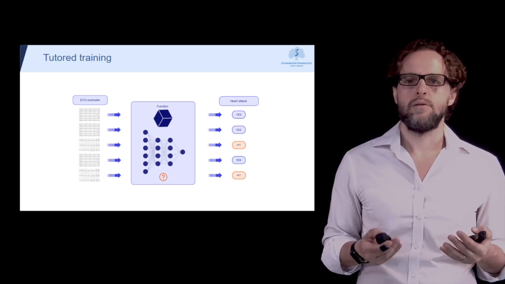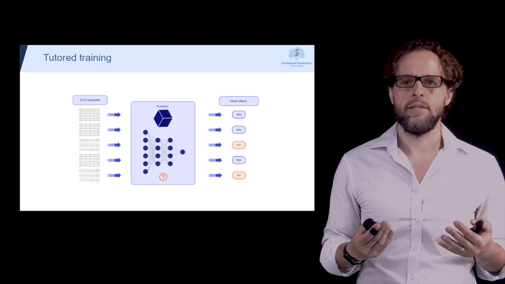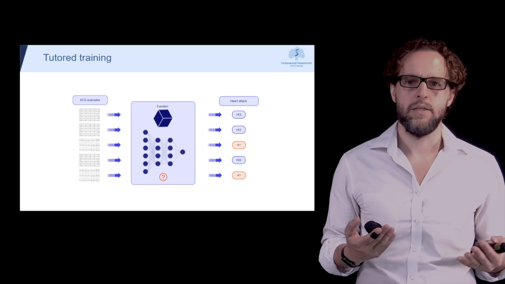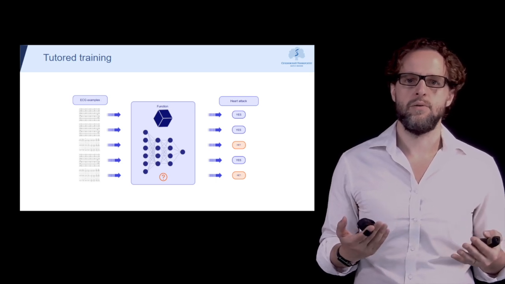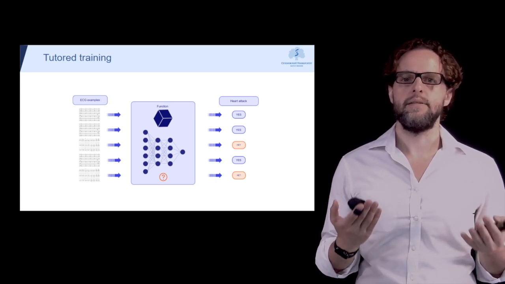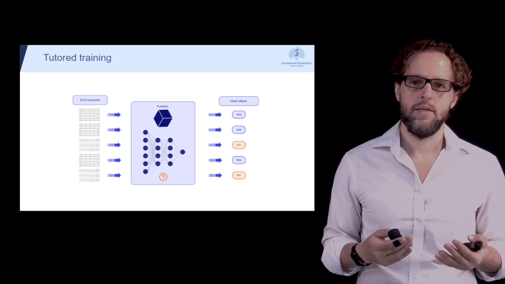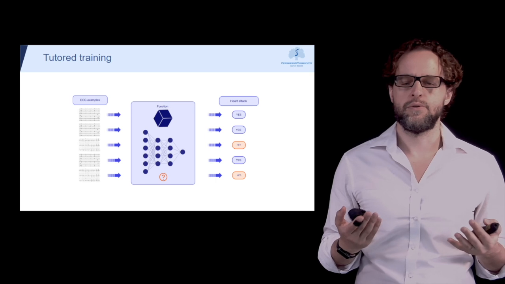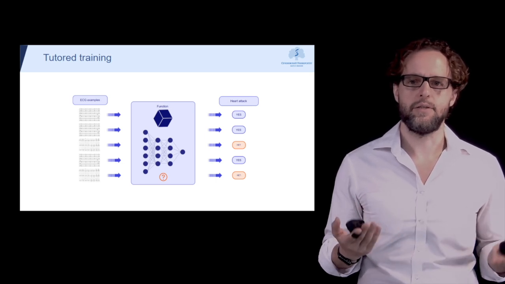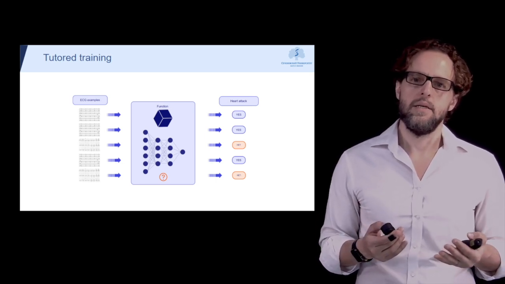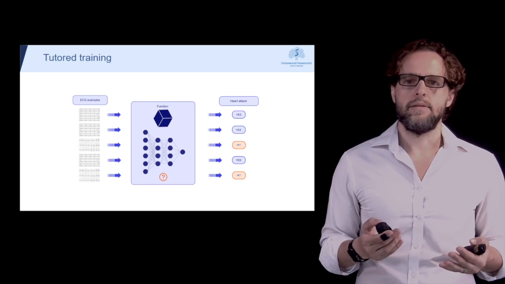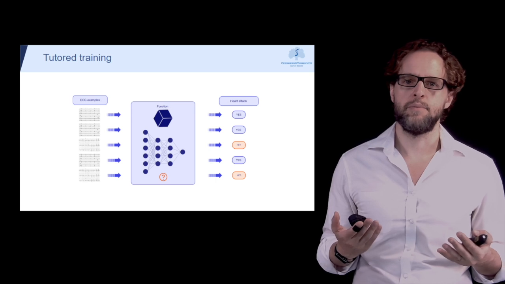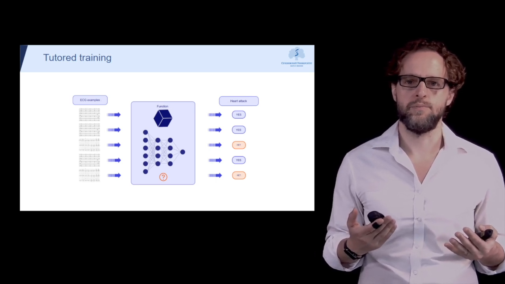Note that we call this supervised learning because we provide input and output pairs. So we are in control of the model by giving the correct answers. The model is an object that undergoes training with a teacher in this case. It represents or models the relationship between input and output.